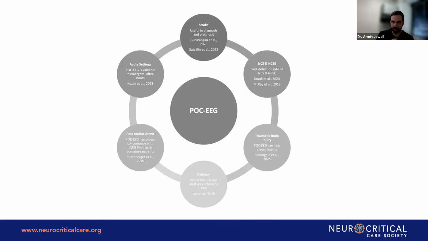There are different studies that look at that, and we'll go through those more. The other parts, and we'll go through all these individually, include TBI, delirium, post-cardiac arrest in acute settings, like we mentioned before, as well as stroke diagnosis and prognosis.